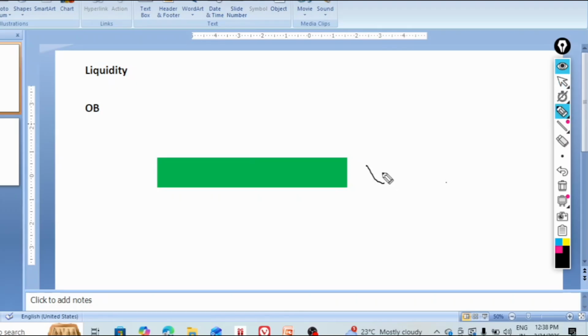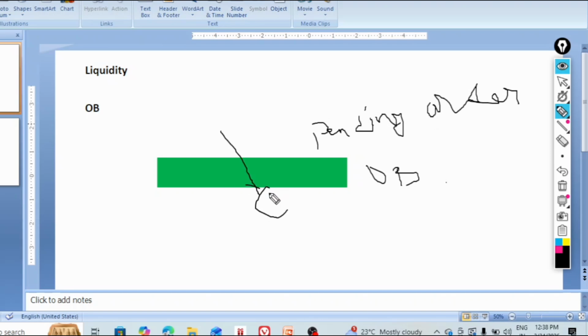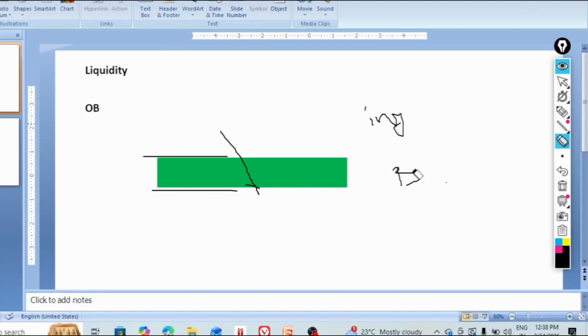So in this order block, there will be pending orders. Okay, there will be pending orders here. So the market, after grabbing the liquidity from this order block, there is the probability of the market reversing. So order block is also a liquidity level.